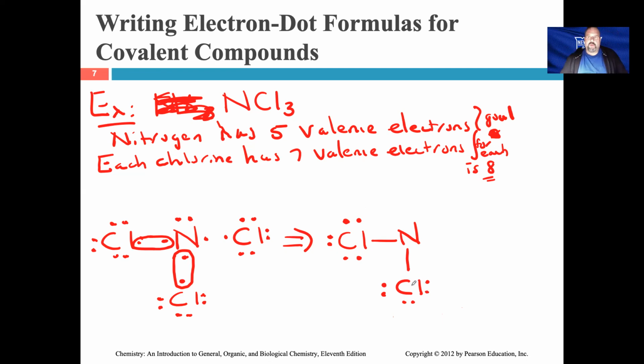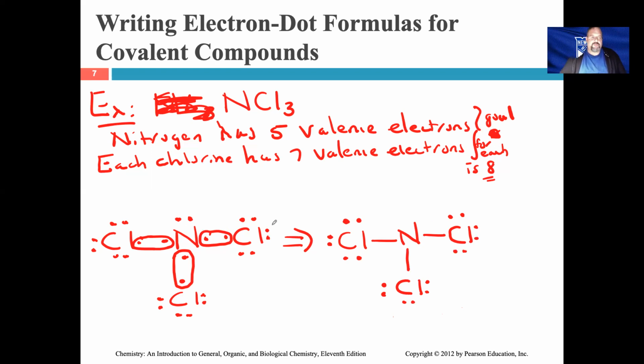And again, that works out well for the chlorine because the chlorine now has 2, 4, 6, 8 valence electrons. Well, the same thing occurs with the chlorine on the right and the nitrogen, resulting in a single bond between them. And again, that works out well for the chlorine because the chlorine ends up having 8 valence electrons.